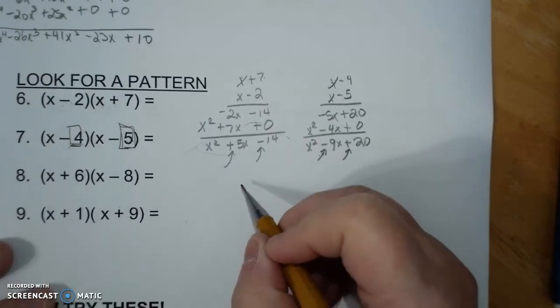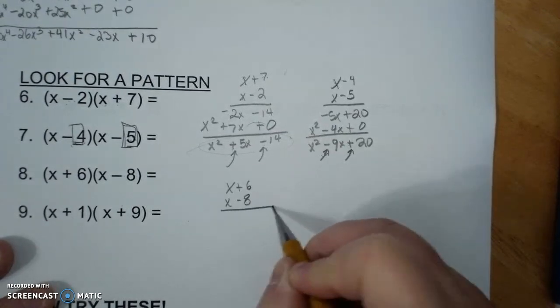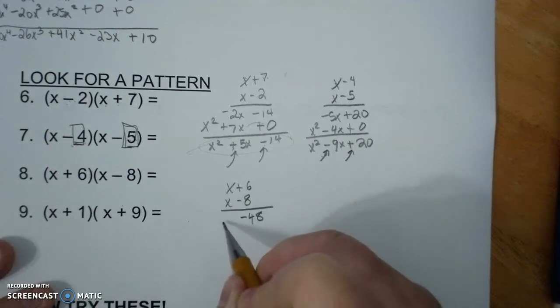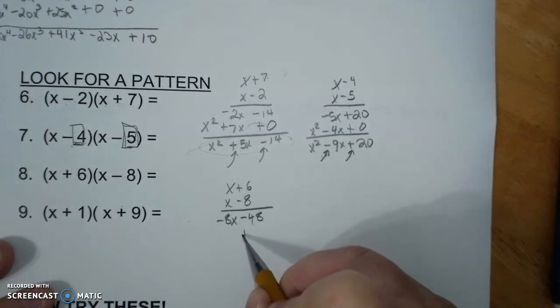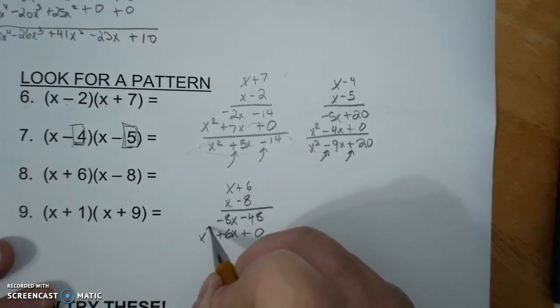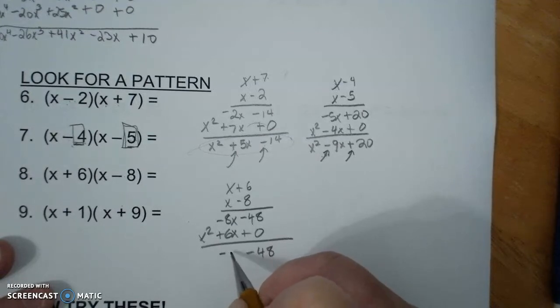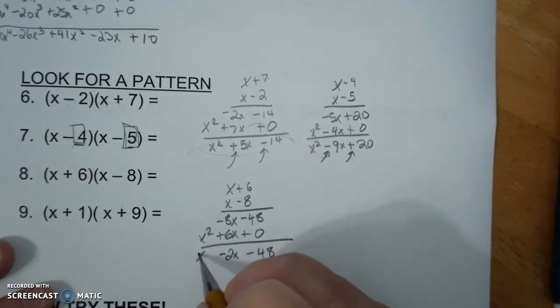Okay, next one. X plus 6, x minus 8, negative 48, negative 8x, plus 0, plus 6x, and x squared. Negative 48, negative 2x, x squared.